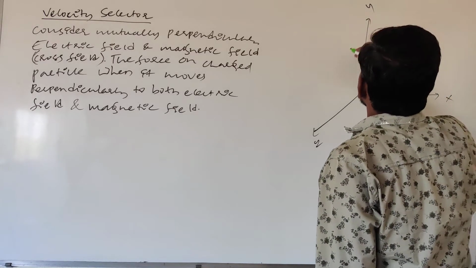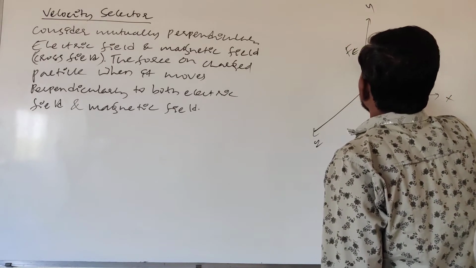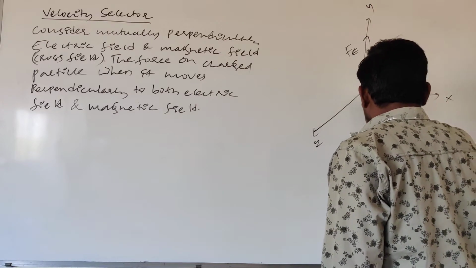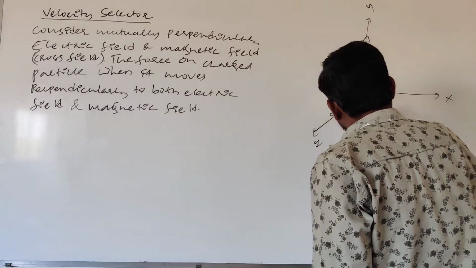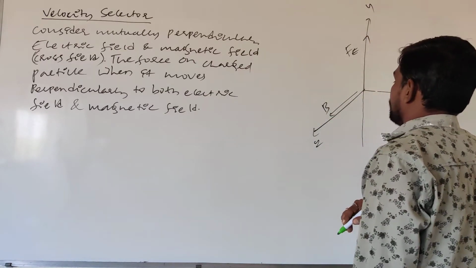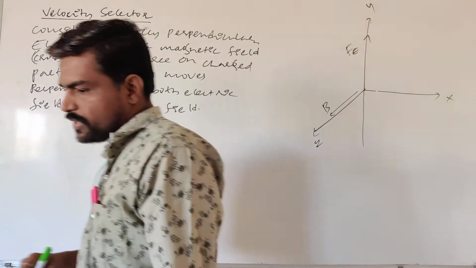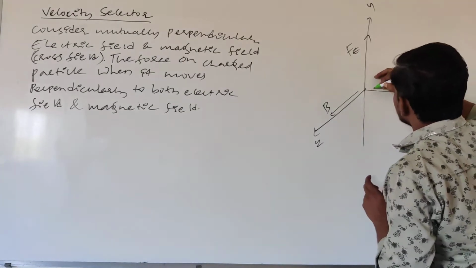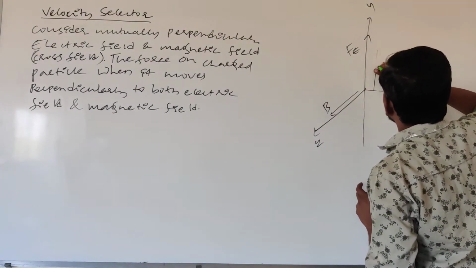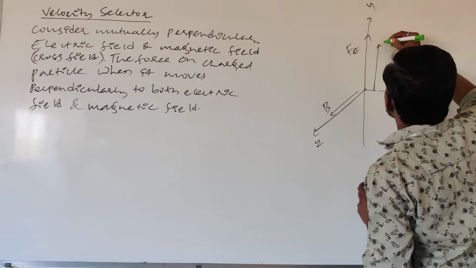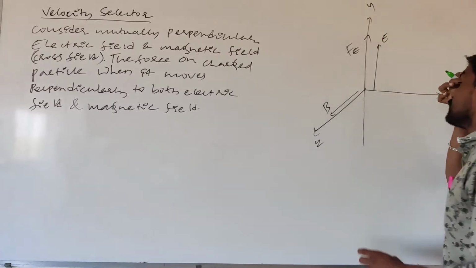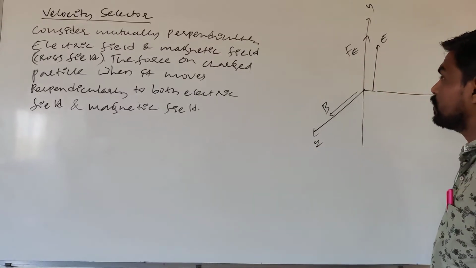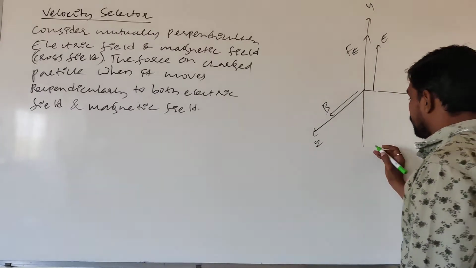This is the electric field in this direction, and in this direction this is the magnetic field. This is the direction of E. So here in this direction there is E, in this direction there is B. So then here what happens?